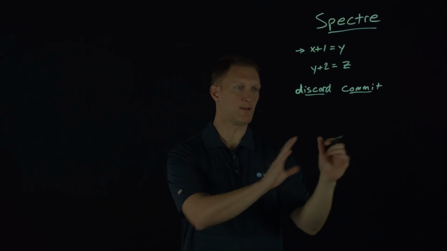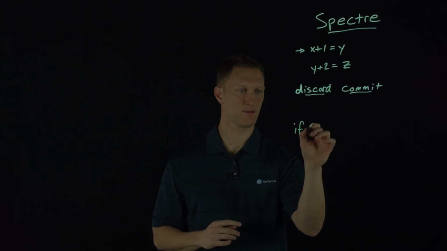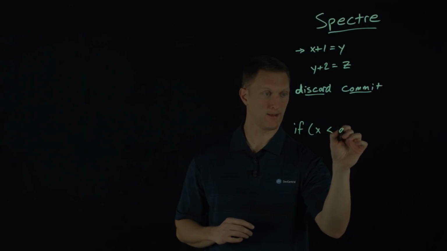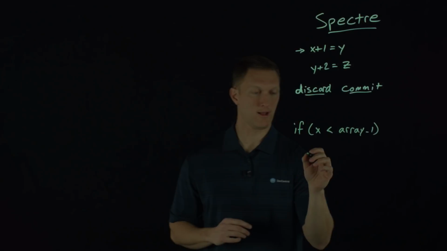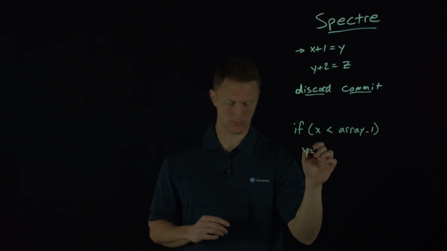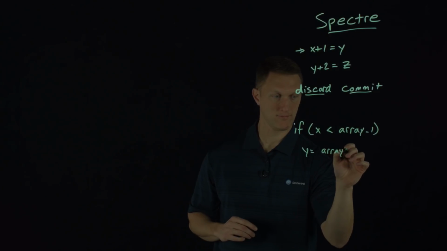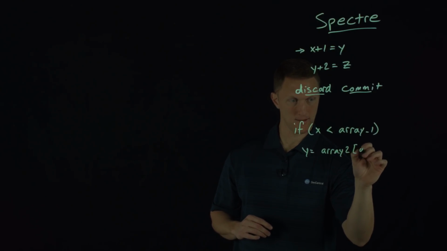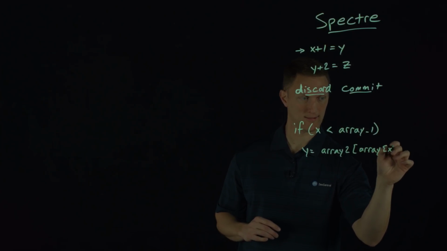All right, so to kind of break it down, just a really quick thing. Let's say that you have a set of instructions like this. Let's say you have an if statement: if x is less than array1, then y equals array2 sub array1 of x.